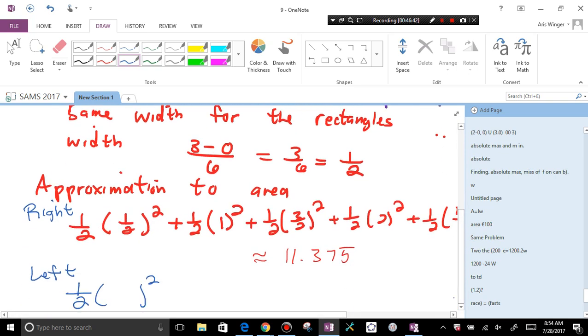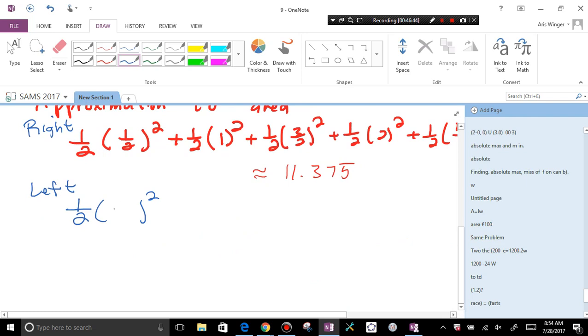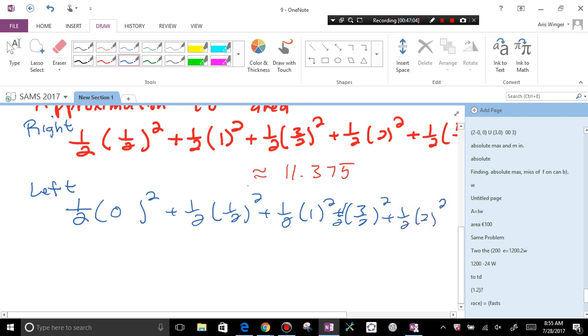Then 1/2 times 1/2 squared, and then 1/2 times 3/2 squared plus 1/2 times 2 squared plus 1/2 times 5/2 squared. So that's the left endpoint method.